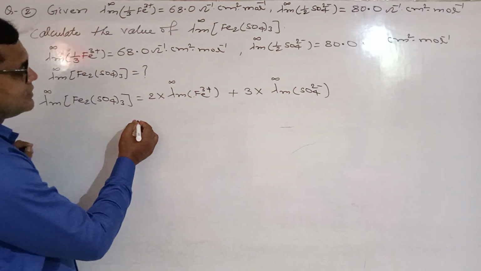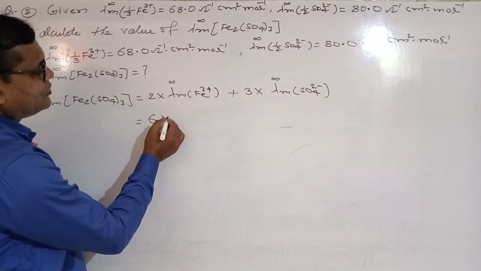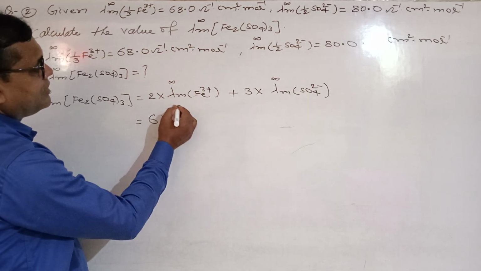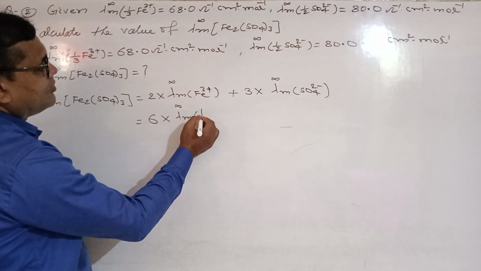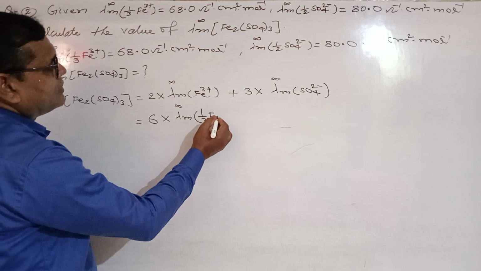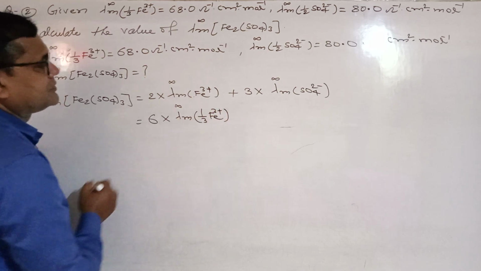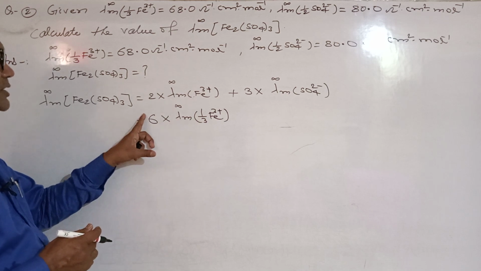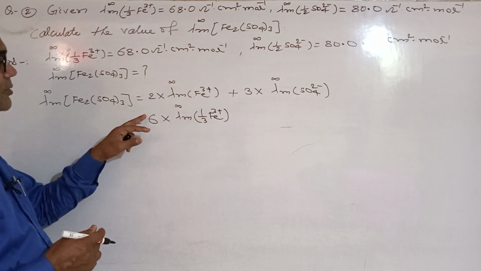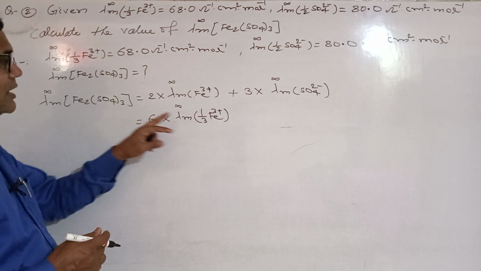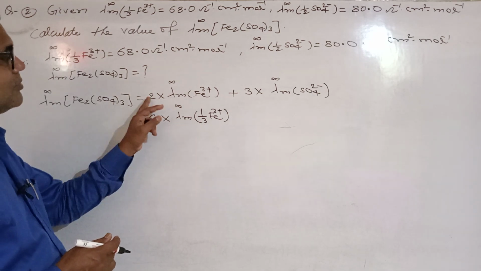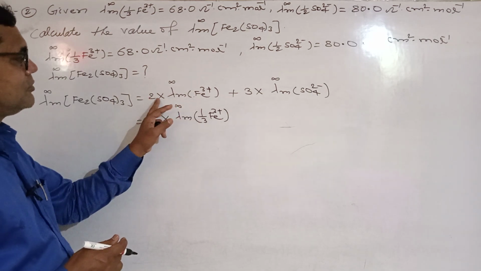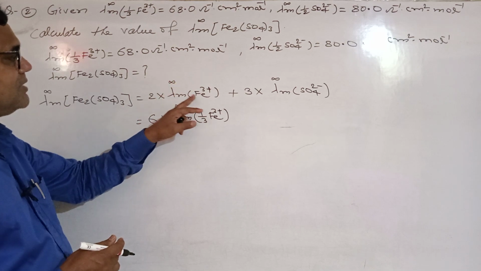We write 6 into lambda infinity m of 1 by 3 ferric ion. 3 and 6 cut out by 2, the rest is 2, and it is converted to 2 into lambda infinity m of ferric ion.